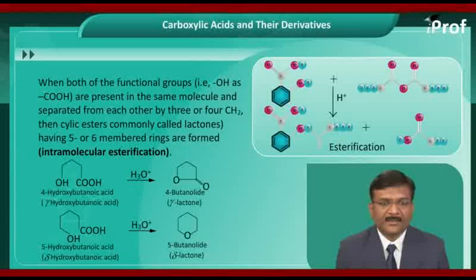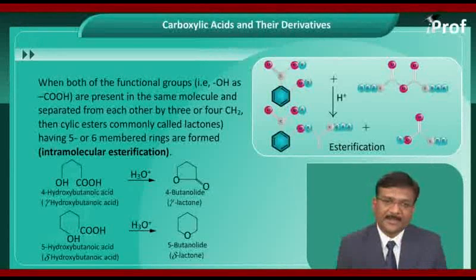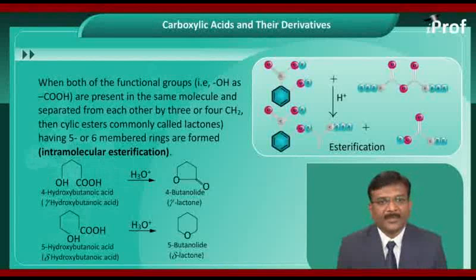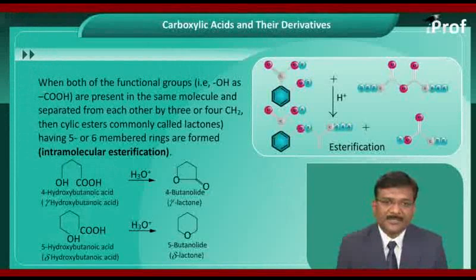5-hydroxy-butyric acid to 5-pentanolide. Now, the next chemical property of carboxylic acid is the reaction with phosphorus halides or thionyl chlorides. The thionyl chlorides are compounds containing sulfur, or in general the compounds having sulfur are called thio compounds.